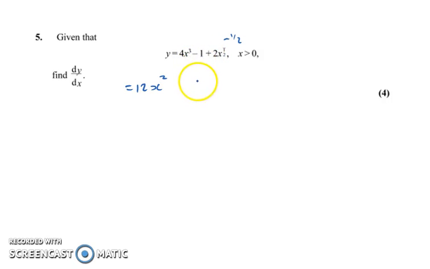When we differentiate a constant, it disappears. Minus a half times 2 is minus 1. And minus a half take away 1 is minus 3 over 2. If you had treated it as to the power of a half, you would have got 12x squared plus x to the minus a half. So it just depends on what you read that bit of the question to be.